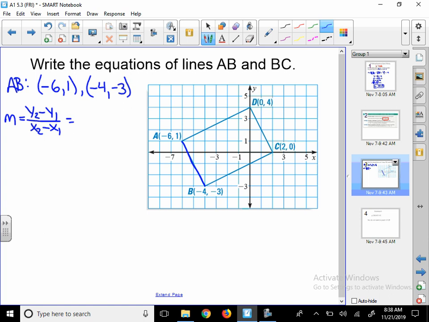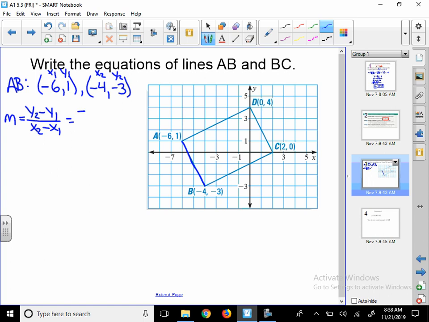And it doesn't really seem like there's a whole lot that's going to make subtraction much easier or more difficult. So I'm going to call -6 x sub 1, 1 as y sub 1, which means -4 is x sub 2, and -3 is y sub 2.